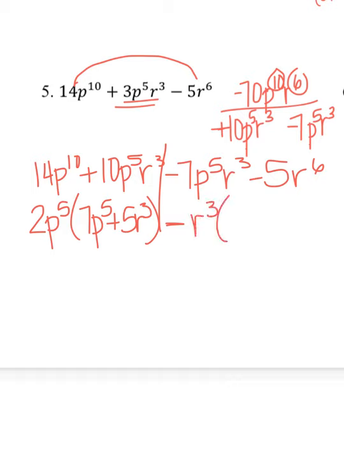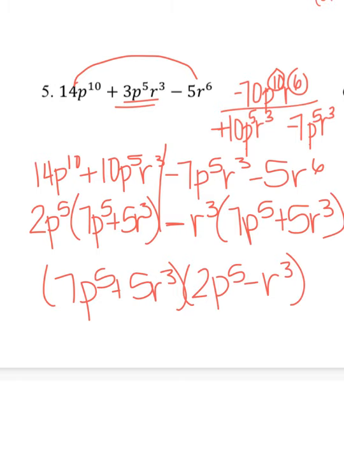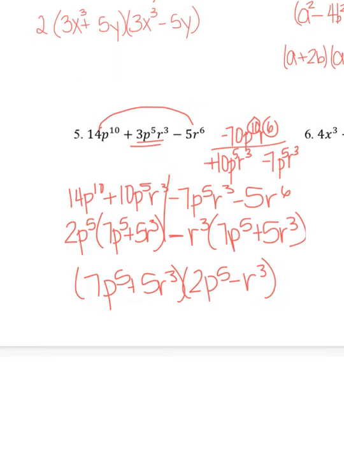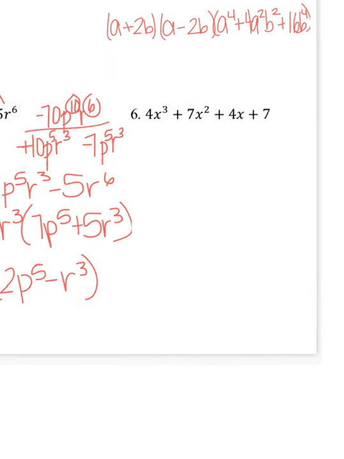When you divide that out, you get 7p to the 5th plus 5r to the 3rd. And your parentheses match, so that comes out. You're left with 2p to the 5th minus r to the 3rd. Okay? Cannot be factored any further if you look at each of the factors.